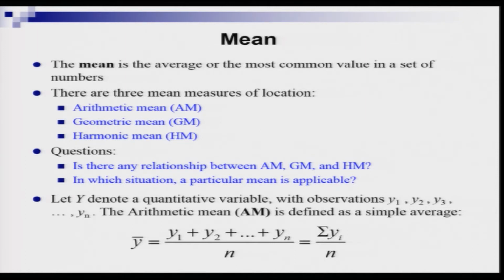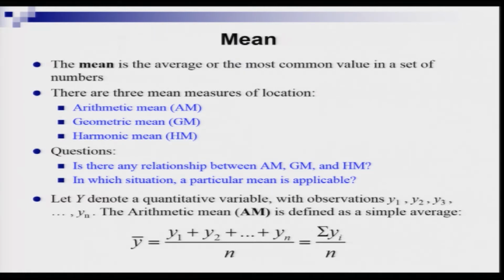A second pertinent question is in which situation a particular mean is applicable. Note that it is not always the case that you will apply the simple average or the arithmetic mean; there are special types of means like geometric mean and harmonic mean which are applied in special cases.